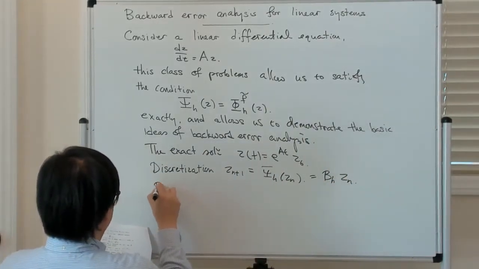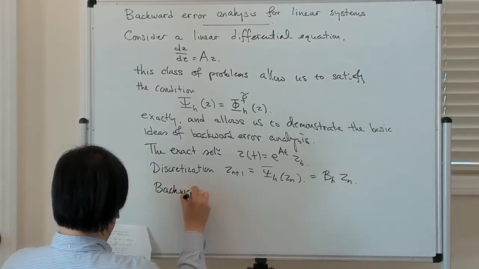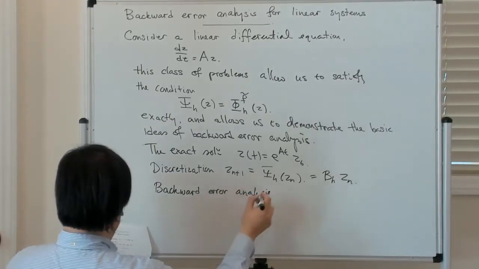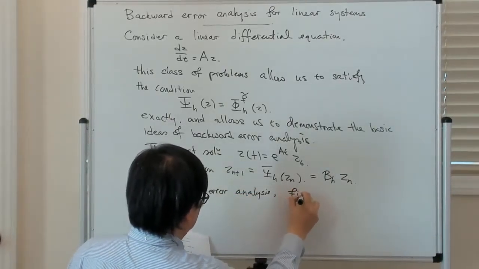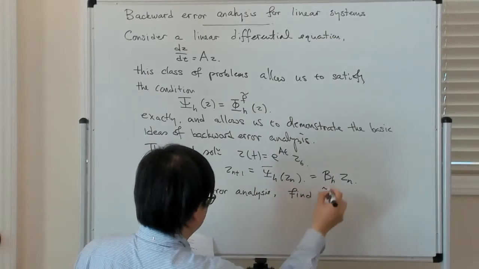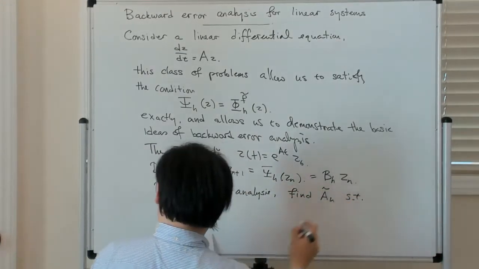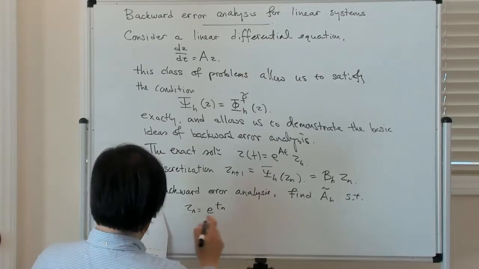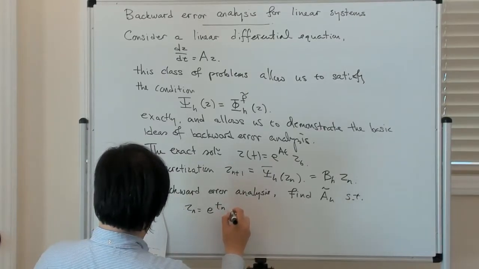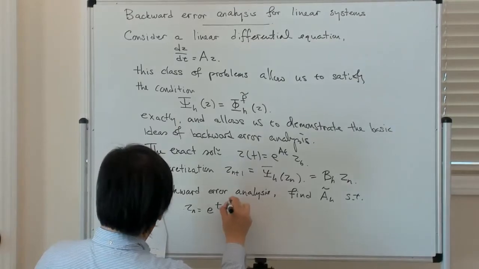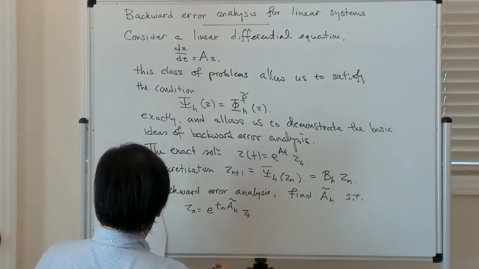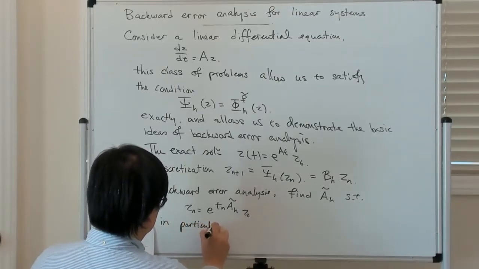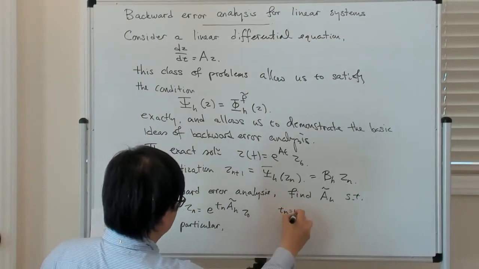And then backward error analysis requires you to find A_h tilde such that z_n is equal to e^(t_n A_h tilde) applied to z0, where t_n is of course just n times h.